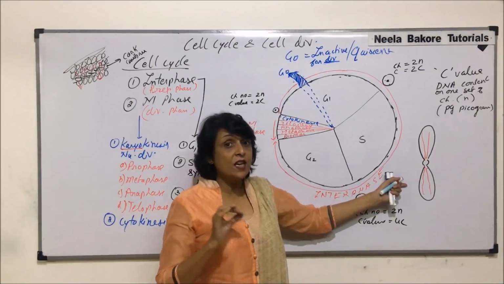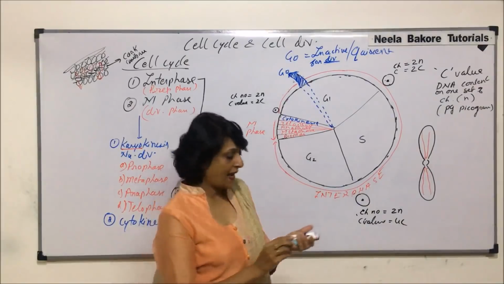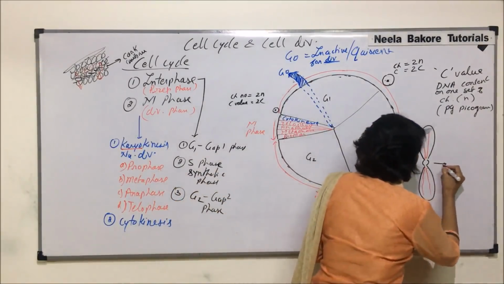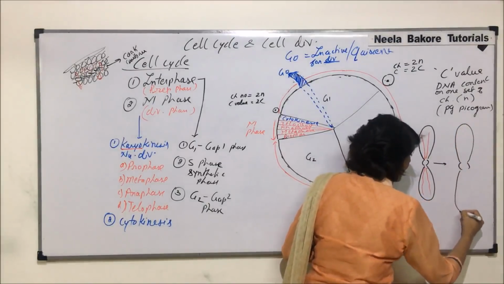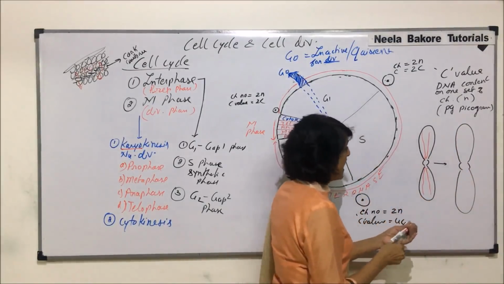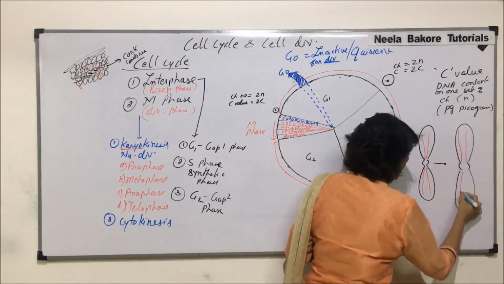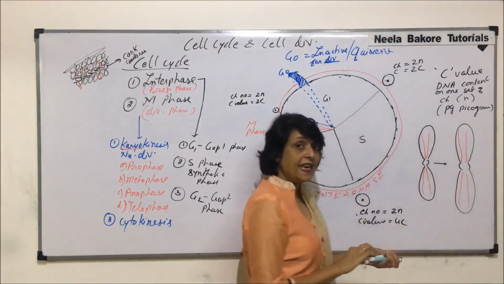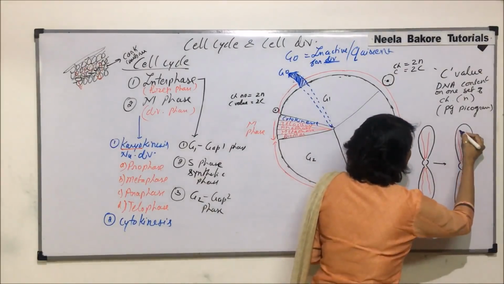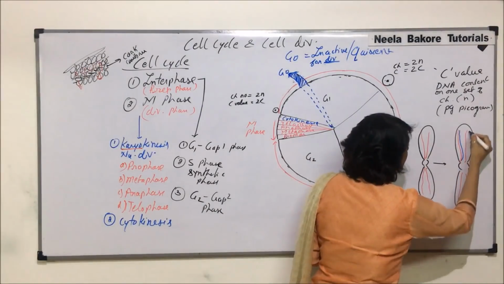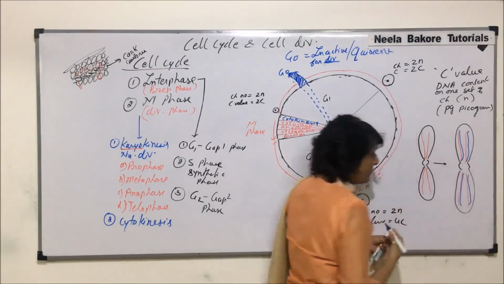Now when this DNA replicates, this is the chromatid, and this was one chromonemata, this is the other one. Here also there are two threads, and each thread has a copy of it. So now here we have a copy, here we have a copy, same here and same here.